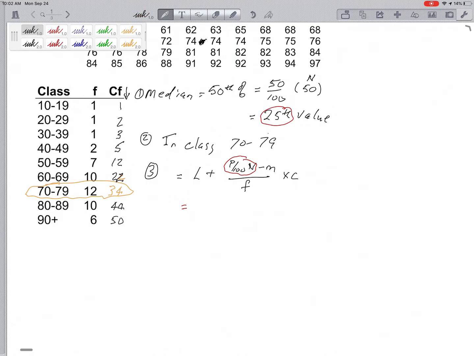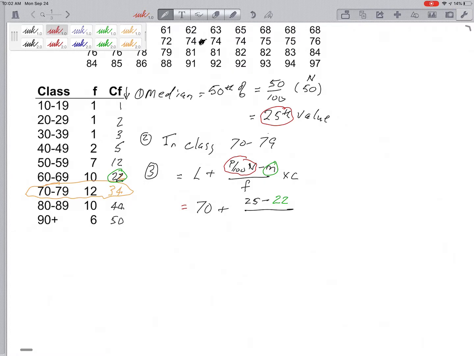The lower bound of the class is 70, because we're in the class 70 to 79. So 70 plus 25 minus, and then this M is actually this 22. So it's the cumulative frequency up to the class that contains the median. So there's 22 values up to 70, and not including 70. So from 69 down. So we subtract those off.